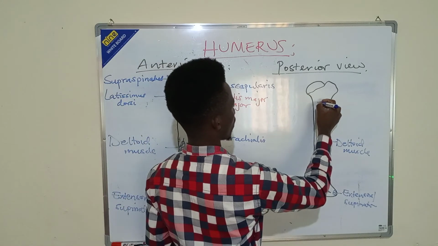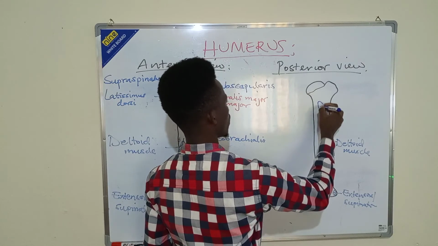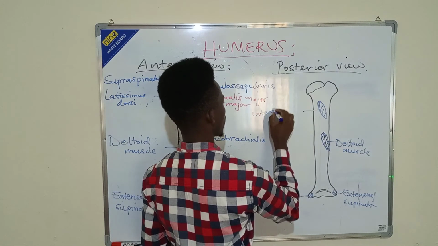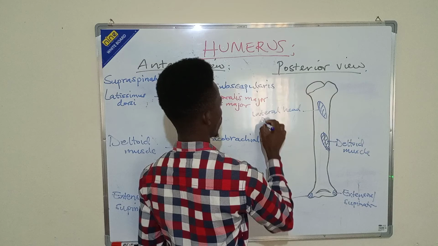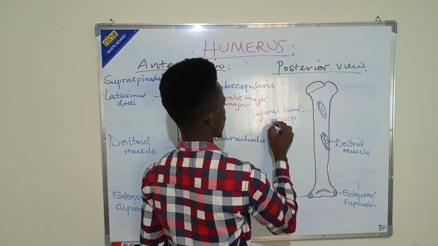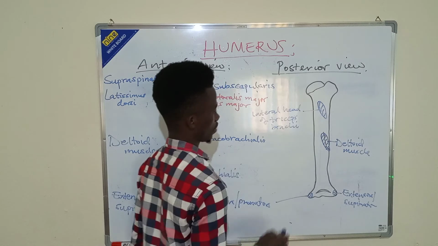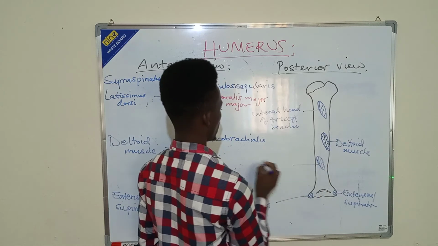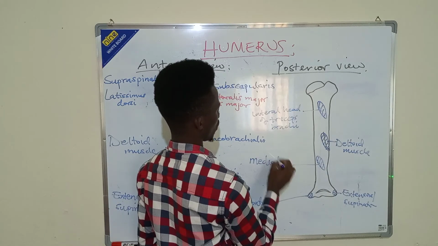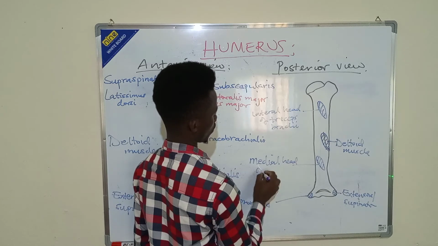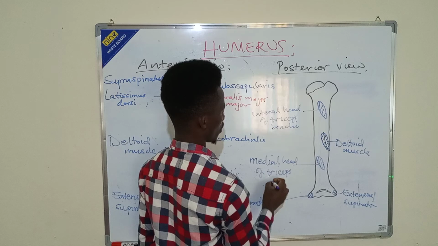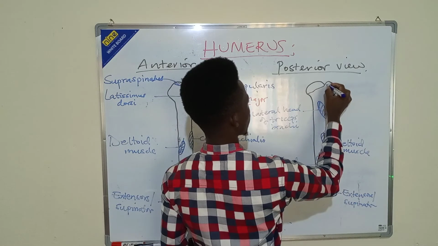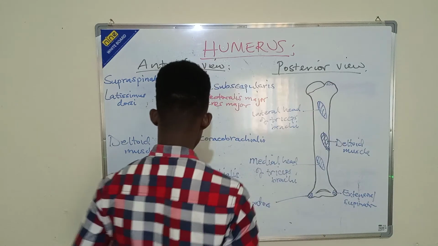Then up here we have the origin of the lateral head of triceps brachii, and then down here we have the origin of the medial head of triceps brachii.